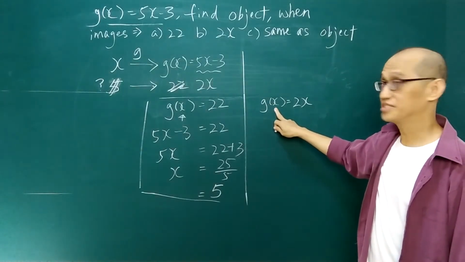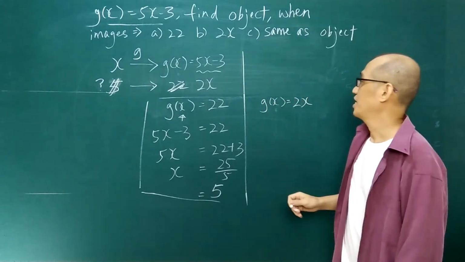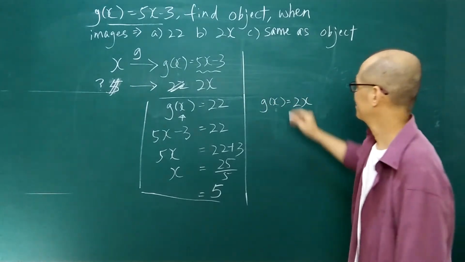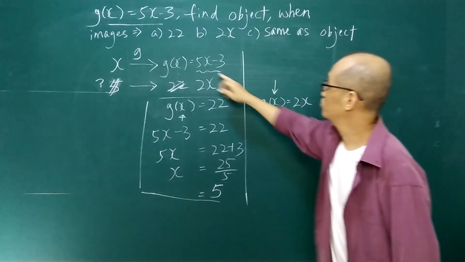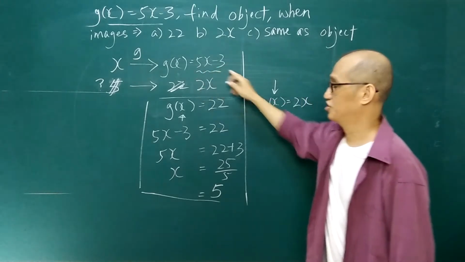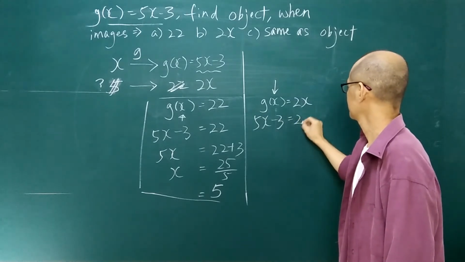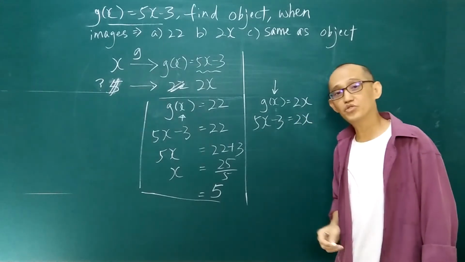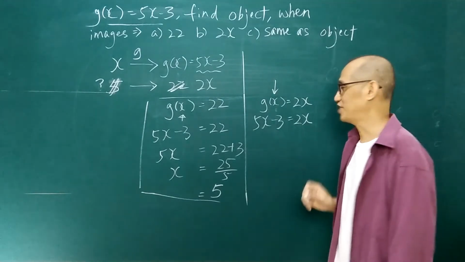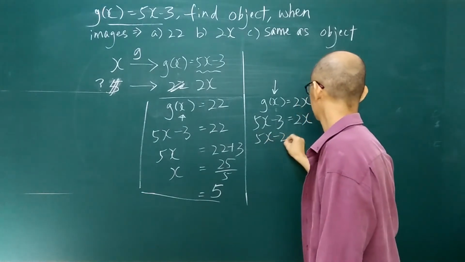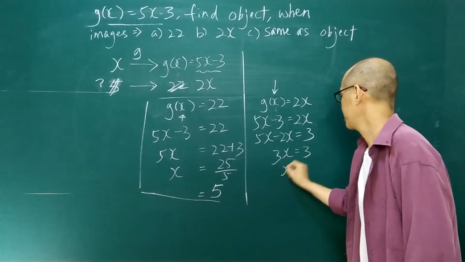And the image is now 2x, given by the question. And we want to find the object, which is x. And g(x) is also 5x minus 3. So now what we do is to solve this equation to find x. Then we find the object. So x equal 1.